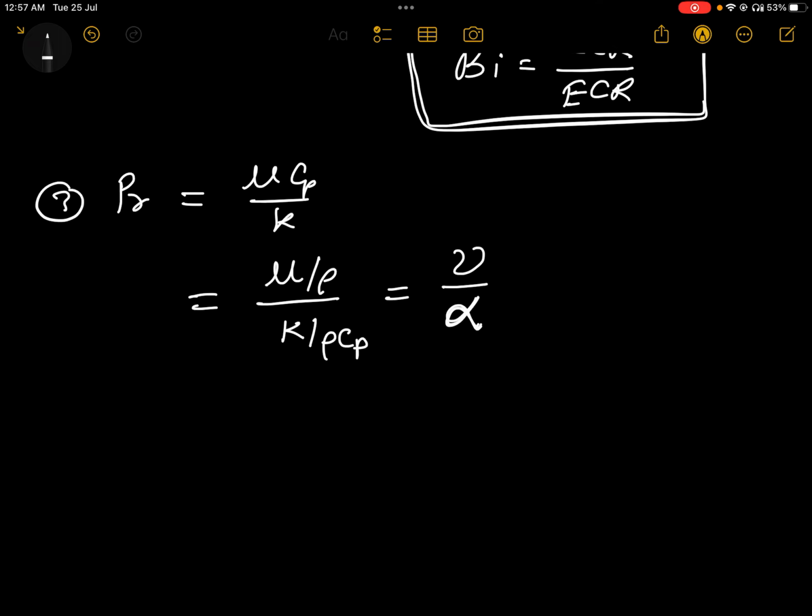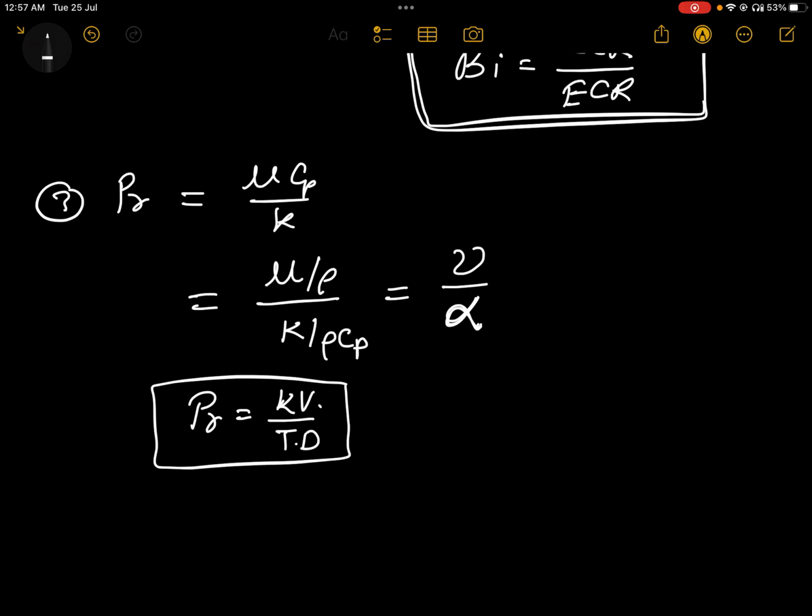So Prandtl number is the ratio of kinematic viscosity to thermal diffusivity. It tries to compare which one is dominating, the thermal diffusivity or the kinematic viscosity.